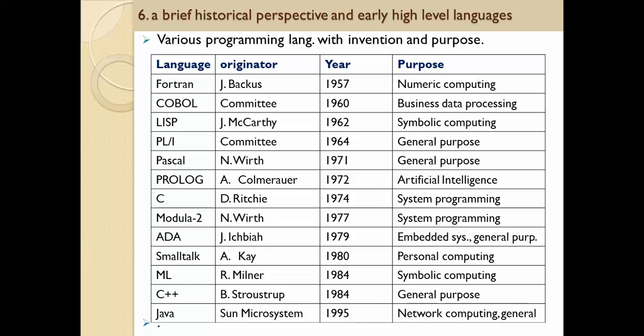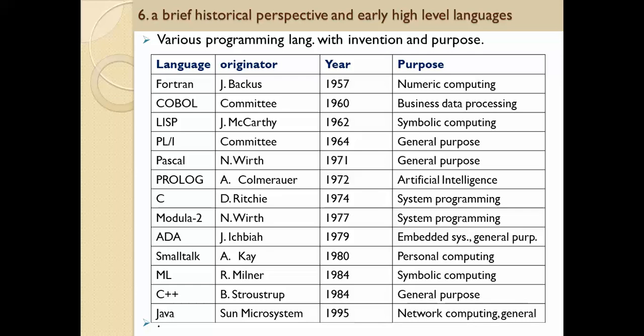Third one is LISP, invented by J. McCarthy in 1962, used for symbolic computing. Again PL/I, committee members, 1964, general purpose. Pascal is also used for general purpose. Prolog is used for artificial intelligence.